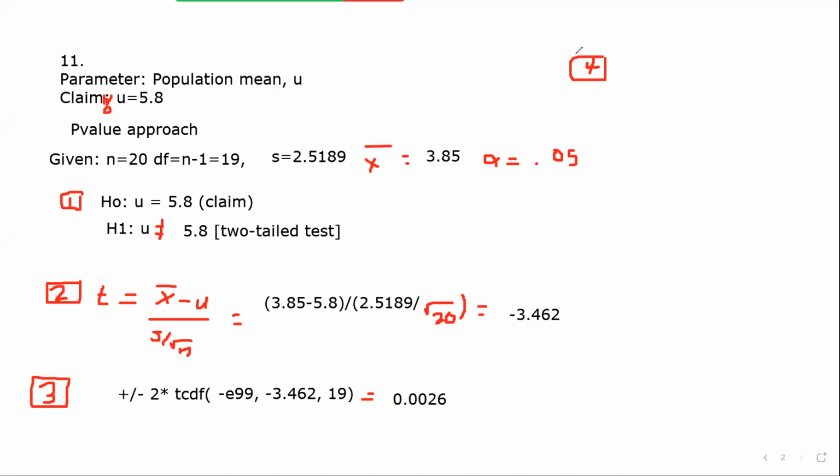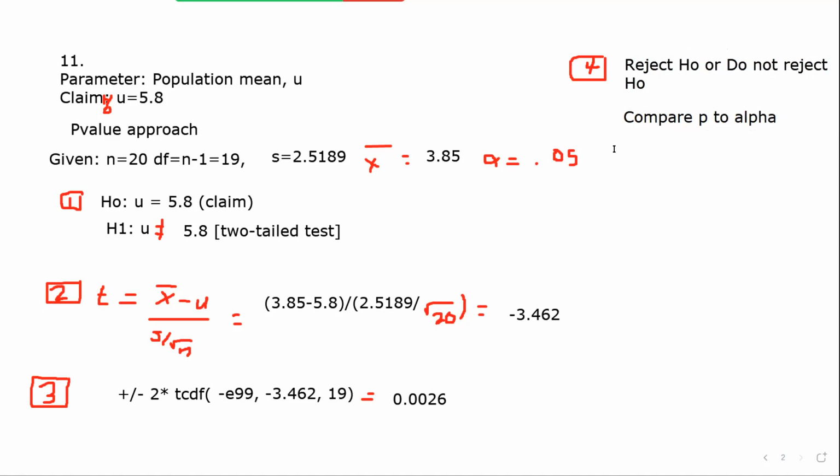So we reject H0 or do not reject H0. Okay, and we're going to compare P to alpha. You don't have to write this next part, compare P to alpha, but I'm reminding you here. You do need to write the next thing I write down.